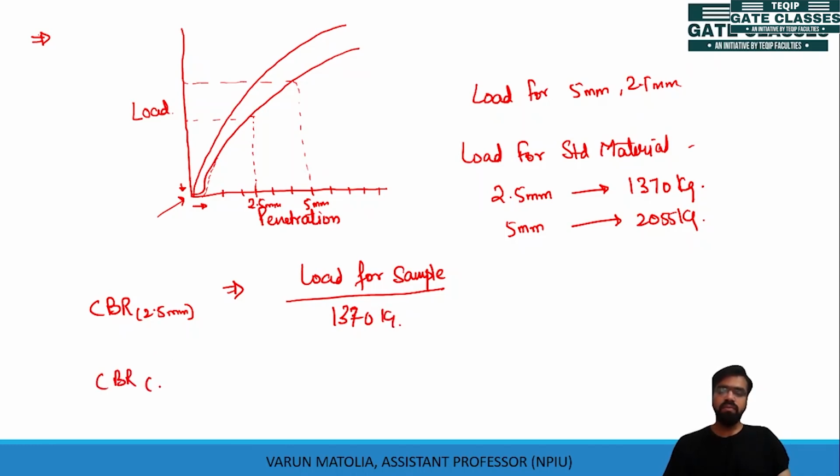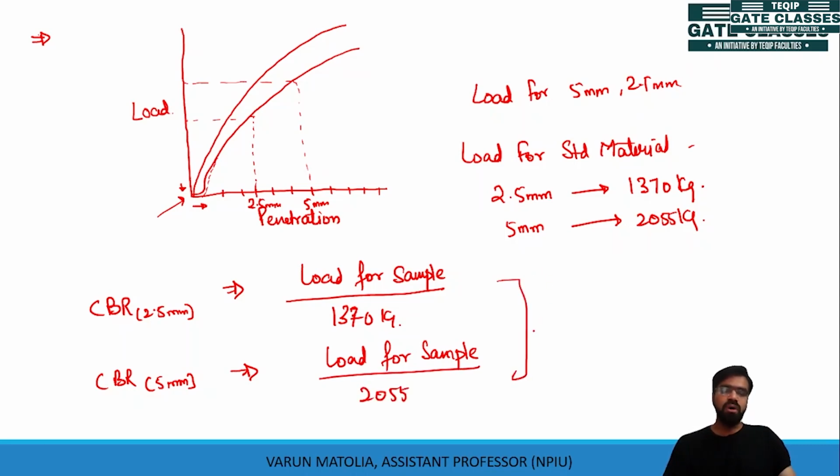CBR for 5 mm is the load for the given sample at settlement of 5 mm divided by 2055. So out of these two values, the maximum value is used.